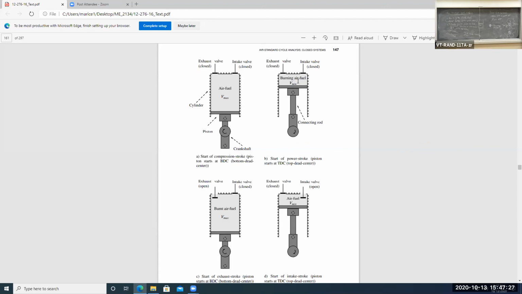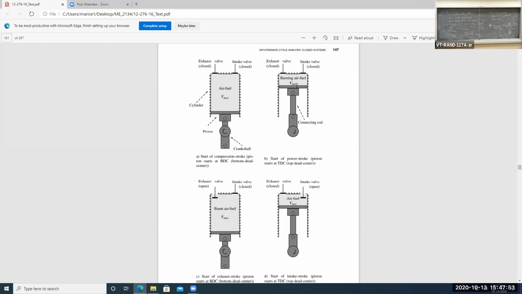This air-fuel mixture starts to burn. Either we have a spark or the mixture starts burning on its own due to the excessive heat. So we compress it, we initiate a spark with a spark plug, and then all of a sudden, heat gets released due to the burning of the air-fuel mixture.